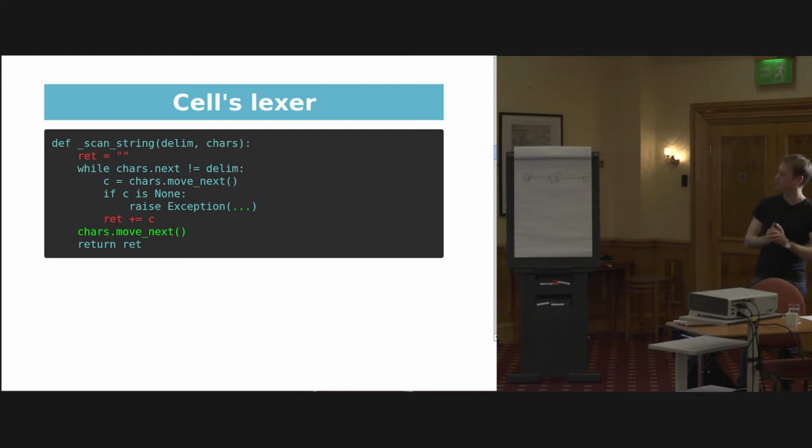We just go through all the characters until we find the character that tells us we've finished lexing a string. If that move next method returns none, that means we've hit the end of the stream of characters, which isn't allowed because we're in the middle of a string. So we'll throw at that point an extremely unhelpful error message. You'll never be able to figure out what's wrong in your program. Otherwise, we just collect the characters of that string until we get to the end, and then return the string.